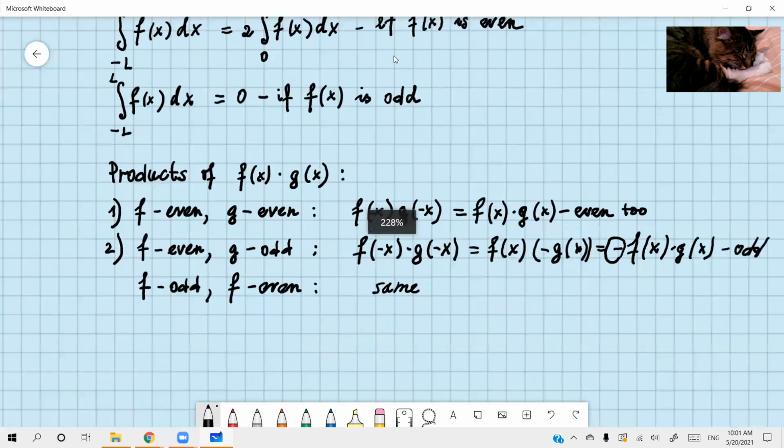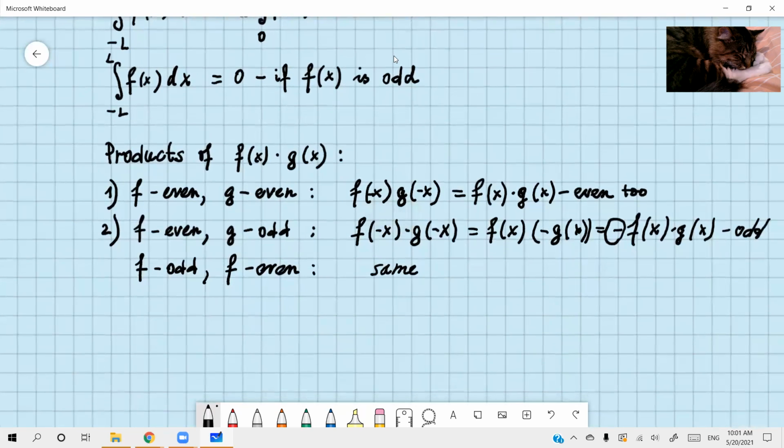And the last case, when both functions are odd. Number 3, f odd and g odd. What is going to happen? Well, let's calculate.